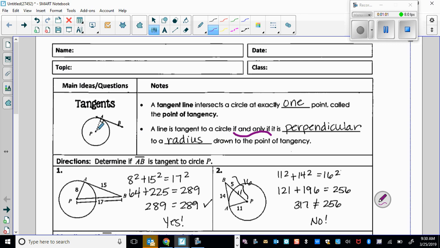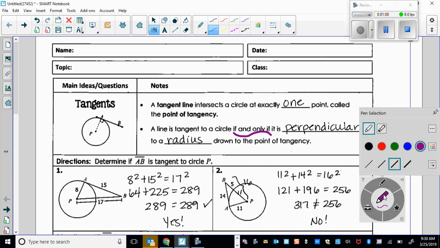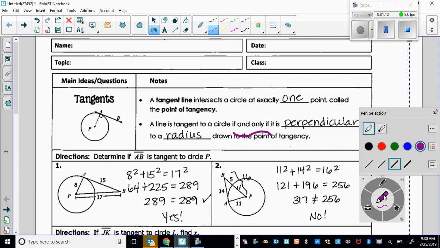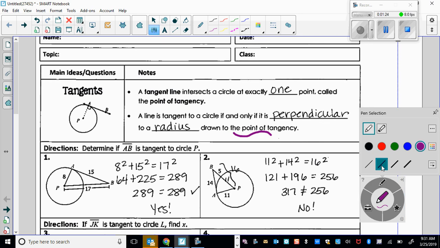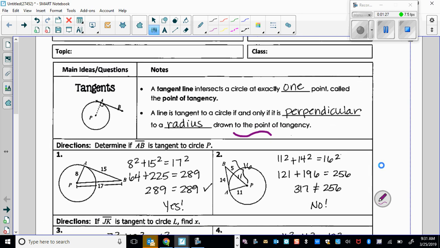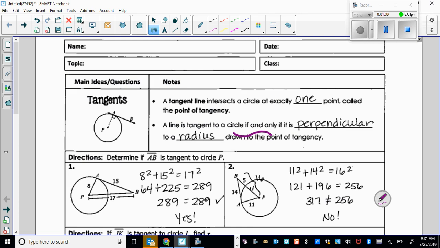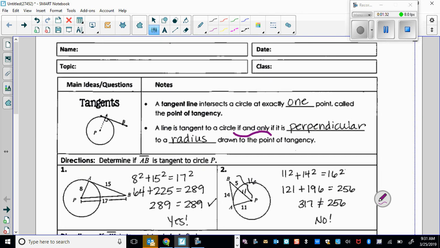In this case, AB is tangent, and this is circle P. Make sure you remember that P is the center of the circle.